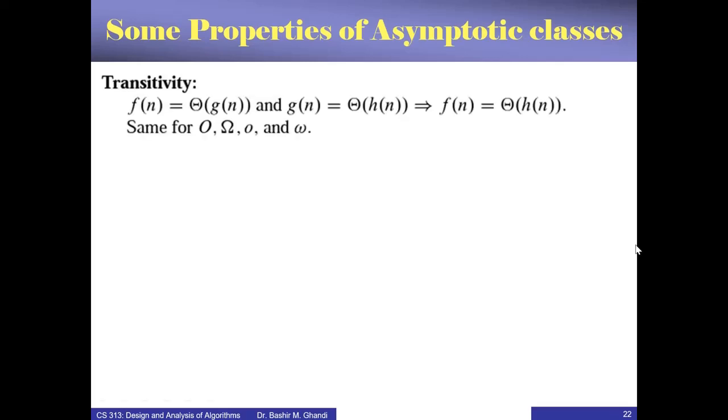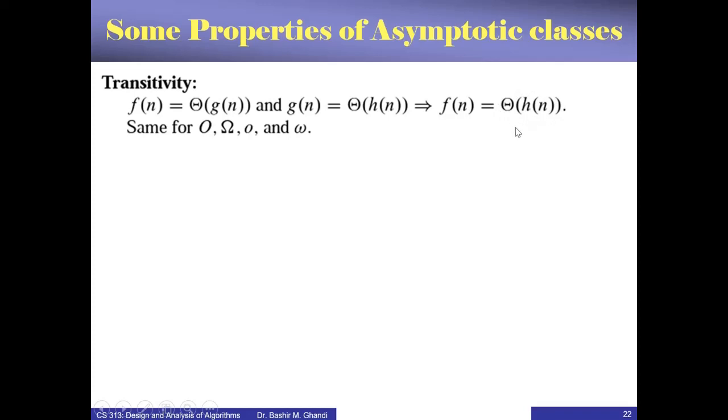The first one is called the transitivity property. So let Fn be equal to theta of Gn, and Gn be equal to theta of another function Hn. Then it implies that Fn is actually also big theta of Hn.